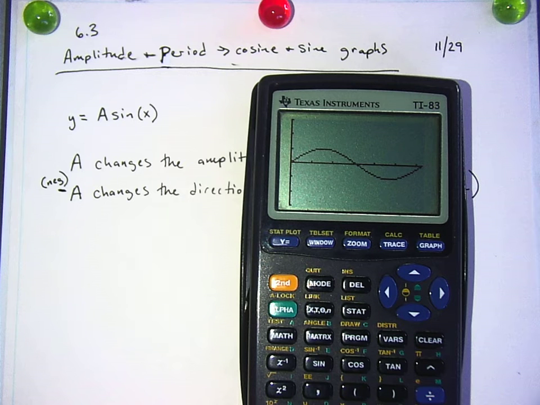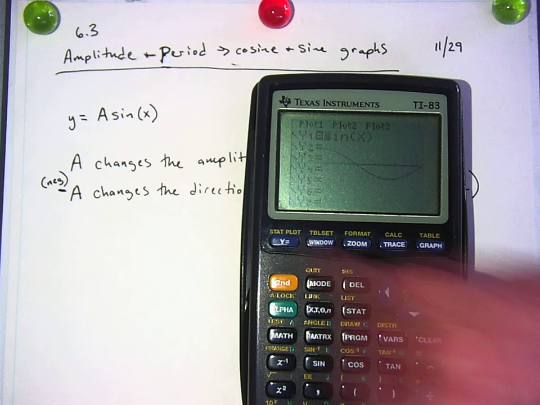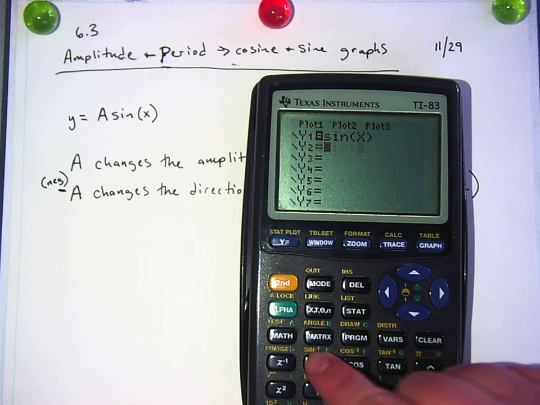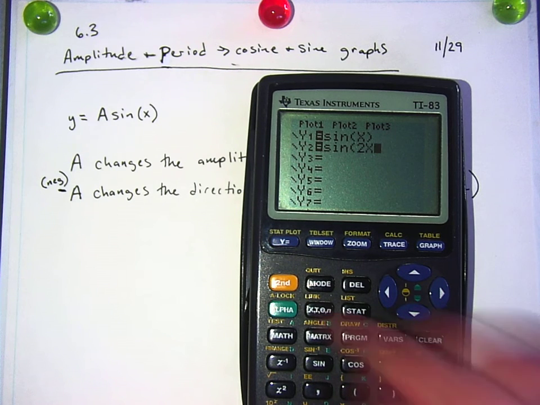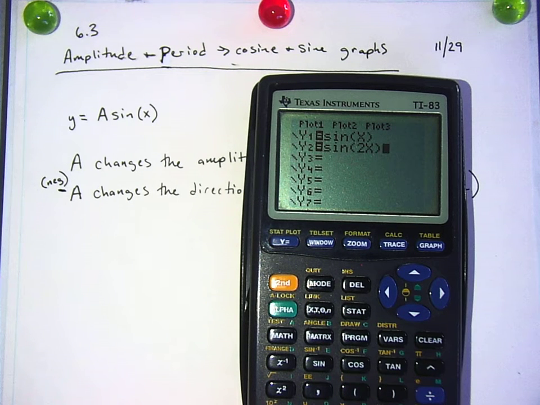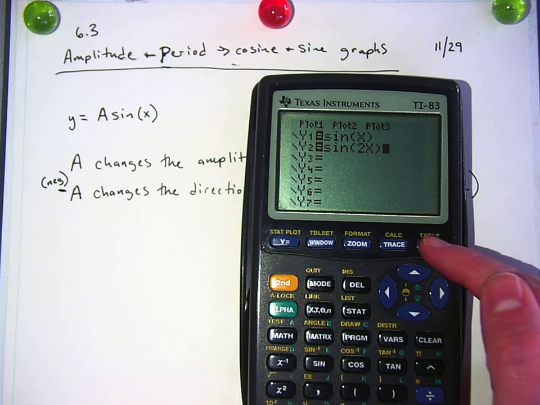Okay. So now what we're going to try is we're going to go to y equals, and this time I want you to write in the sine of 2x. So 2x is kind of in parentheses there. And then hit graph.